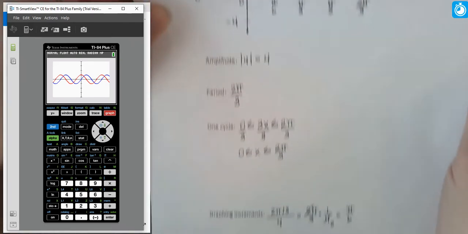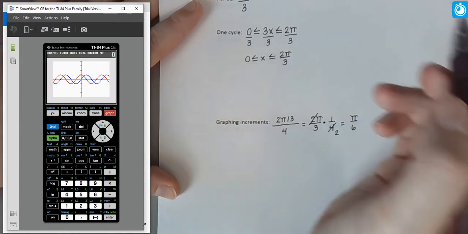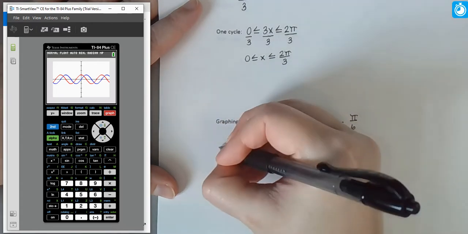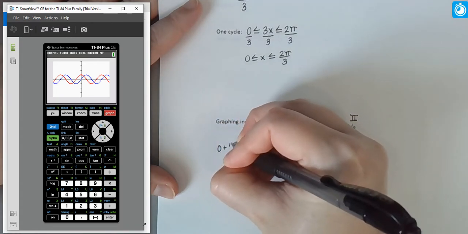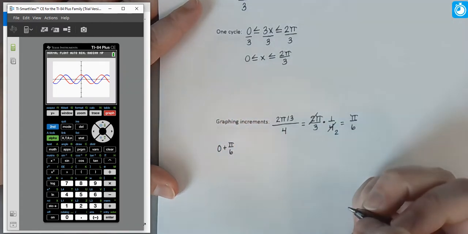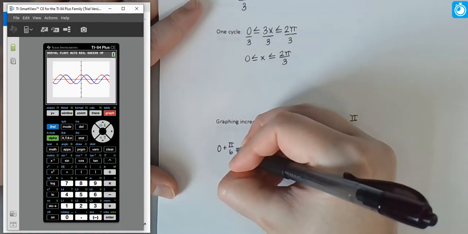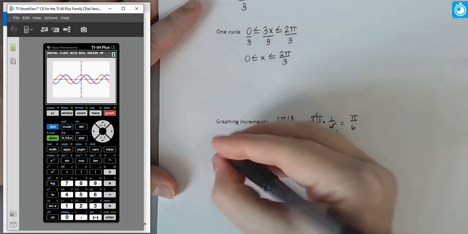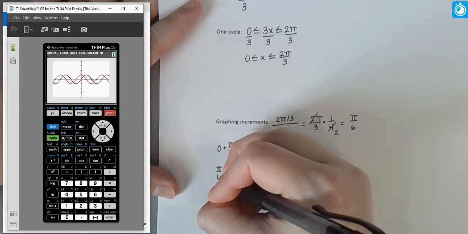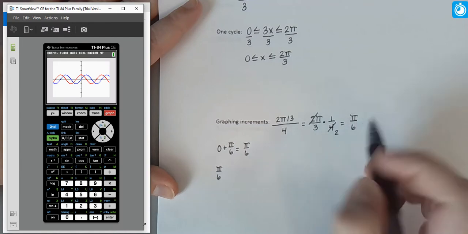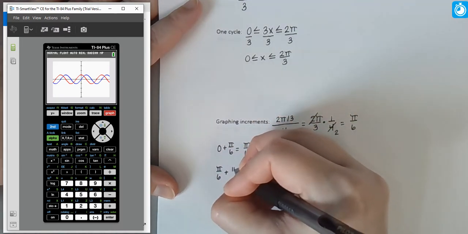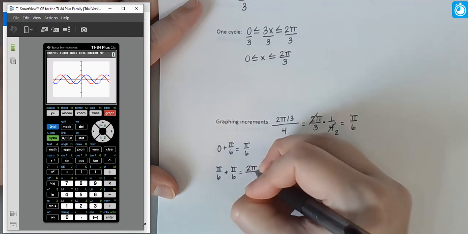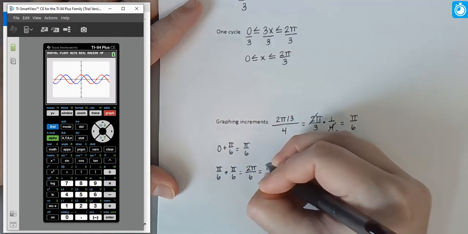Now, if you need to do this algebraically, that's perfectly fine. The general idea is that we're starting at 0 and we're counting by pi over 6. So from 0, we're adding on pi over 6 units in order to get to our next tick mark. And that's going to take us to pi over 6. Now, from pi over 6, we're adding on an additional increment. So we're adding on an additional pi over 6, which is going to give us 2 pi over 6, which reduces to pi over 3.